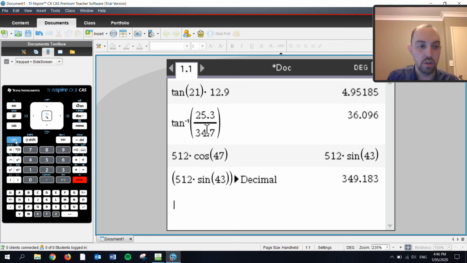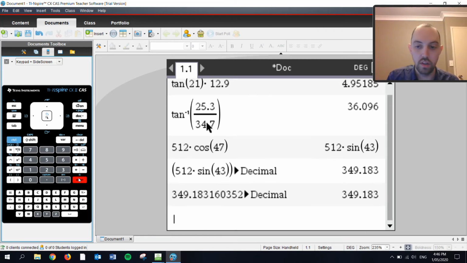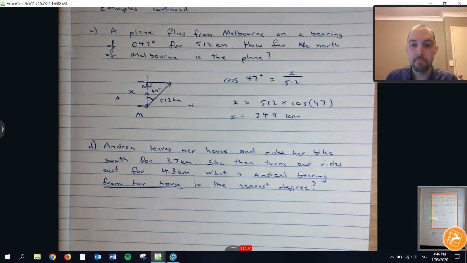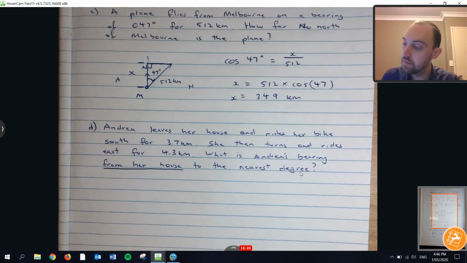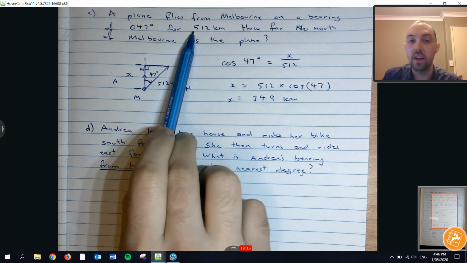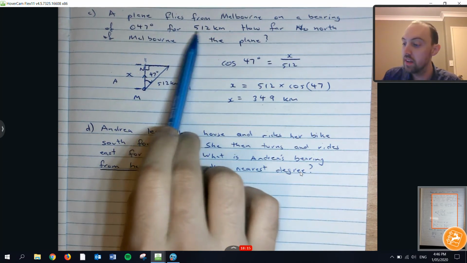The other way you can do it is Control Enter, and that would do the same thing. So x is equal to 349 kilometers, let's just say to the nearest whole. Three significant figures in my answer, which I can justify because there are 3 significant figures in the question.